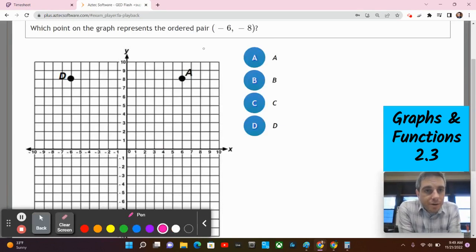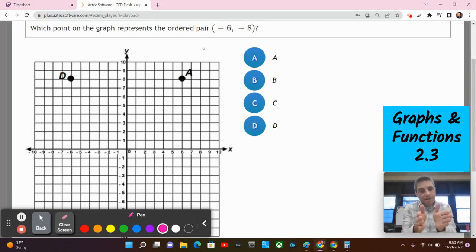Which point on the graph represents the ordered pair negative 6, comma, negative 8? Okay, so fortunately, we've seen this way of organizing numbers in the previous two questions. We have already touched on the fact that the first number is an x number and the second number is a y number.